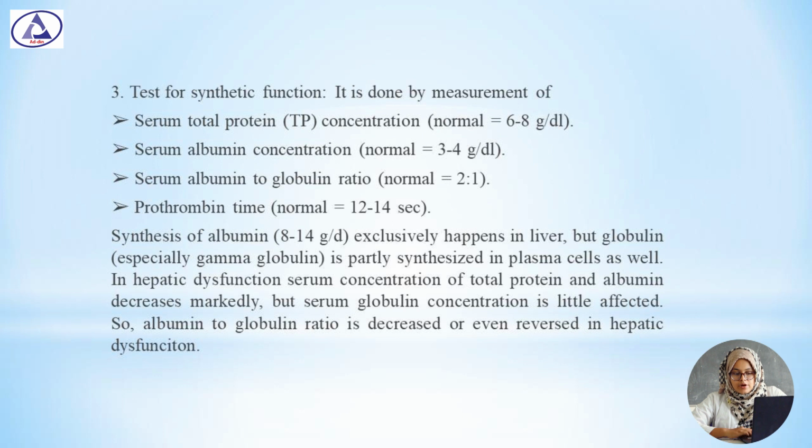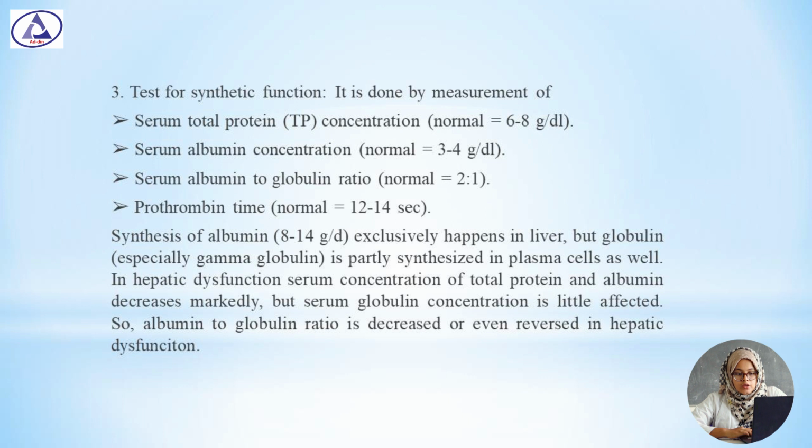Test for synthetic function, it is done by measurement of serum total protein concentration, normal range 6 to 8 gram per deciliter, serum albumin concentration, normal range 3 to 4 gram per deciliter, serum albumin to globulin ratio, normal 2:1, and prothrombin time, normal range 12 to 14 seconds.